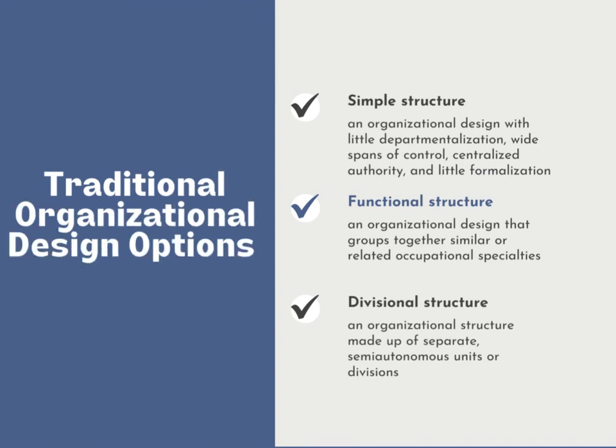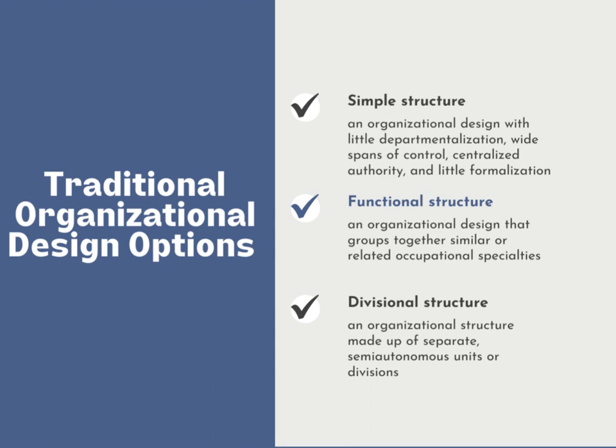All right, so traditional organization design options. Your simple structure is for your smaller organizations. They have little departmentalization, wide spans of control, centralized authority, and little formalization. A functional structure is an organizational design that groups together similar or related occupational specialties.